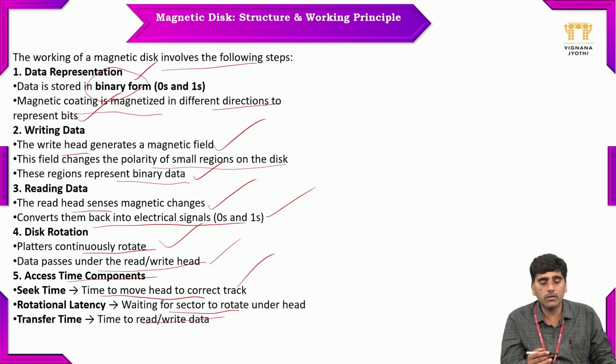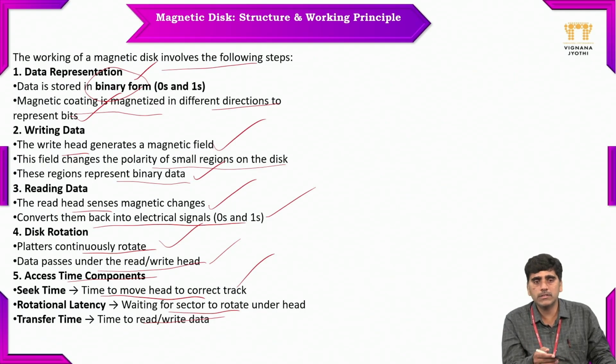These are the working components involved whenever you perform read or write operations on the magnetic disk. Data is stored in binary form, zeros and ones. In a write operation the field changes the polarity and represents magnetic signals, and in a read operation those magnetic signals are converted into electrical signals. As the disk rotates, the platters continuously rotate and data passes under the read or write head.